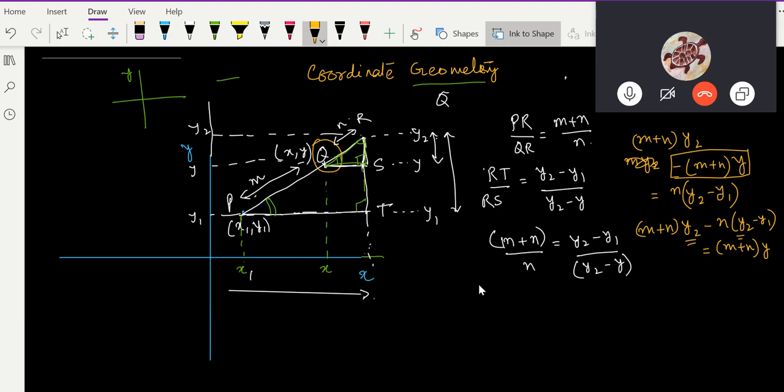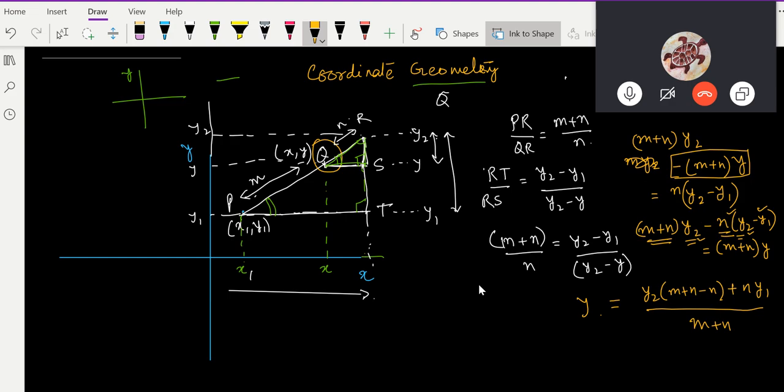So y2 into m plus n minus n, plus n y1, over m plus n is equal to y.